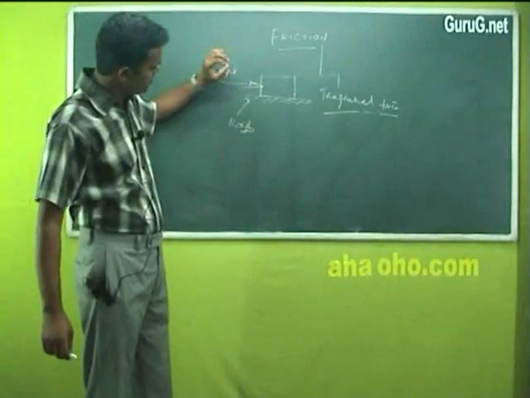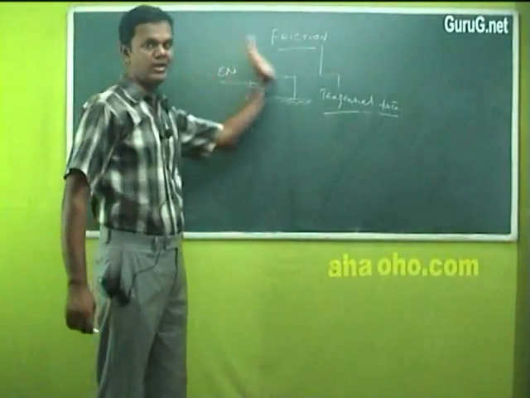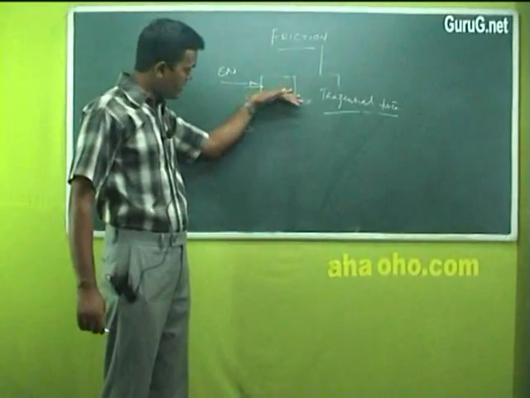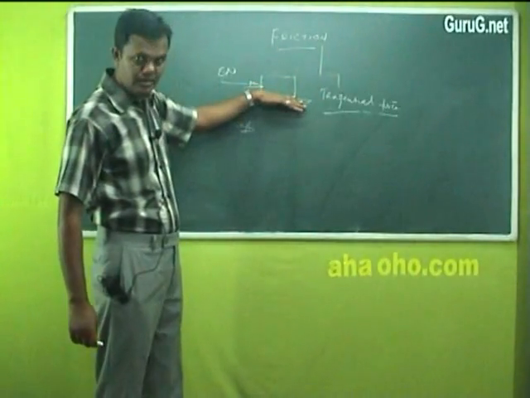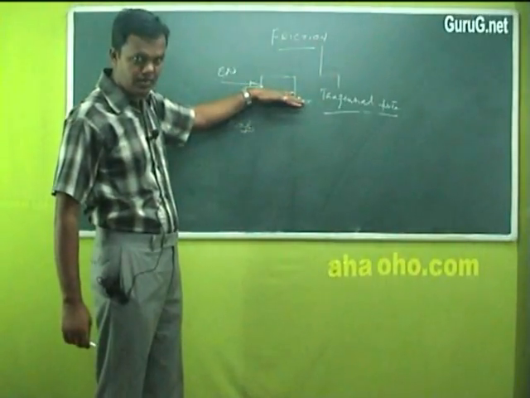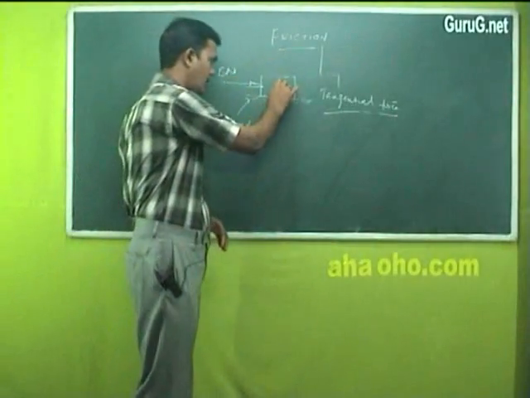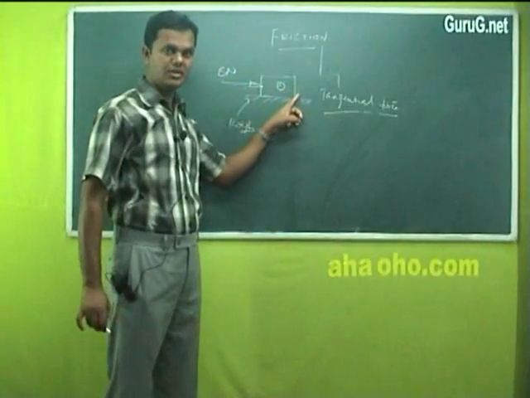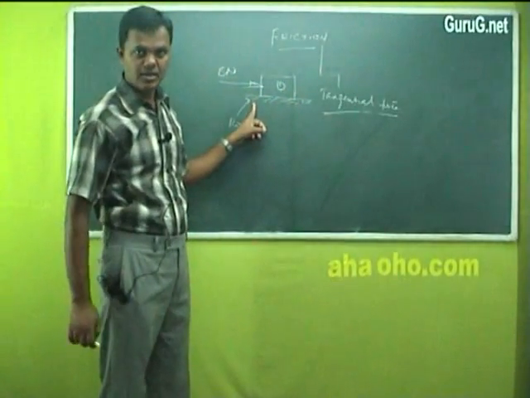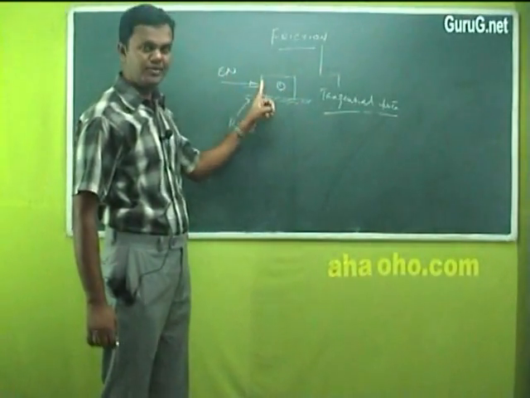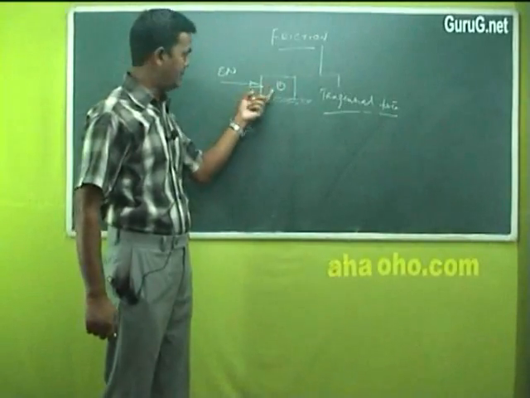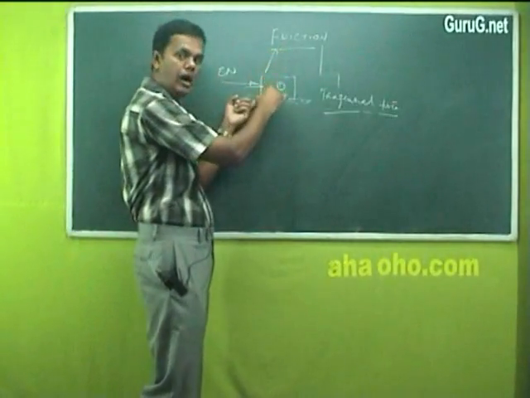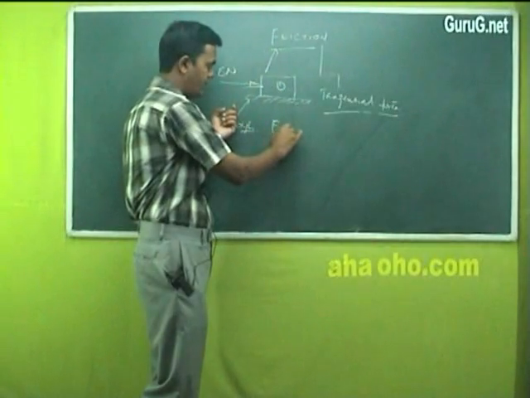When I am trying to push this body from the left hand side to the right hand side, the area of surface contact of this body, say number 1, with that surface will have some restriction due to this rough surface, and that particular friction developed can be directly called friction or frictional force.